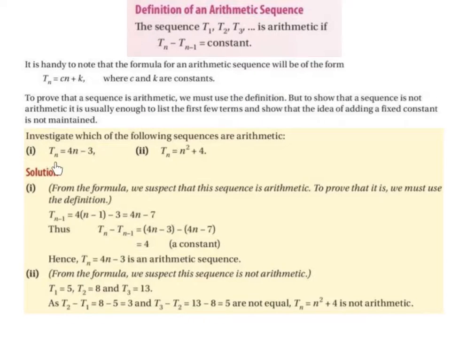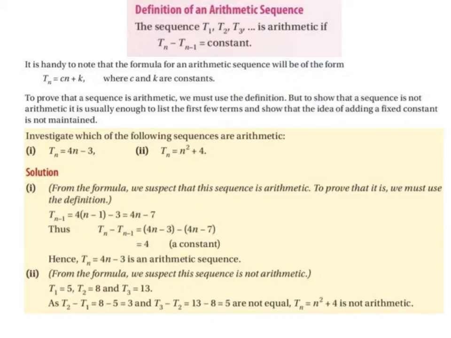So for number 1, Tn equals 4n minus 3. From the formula, we suspect that the sequence is arithmetic because we just have an n. To prove that it is, we must use the definition. So if Tn equals 4n minus 3, then Tn minus 1 will be 4(n minus 1) minus 3.